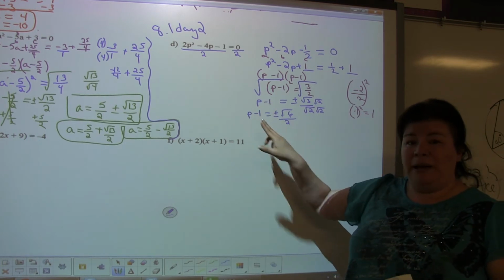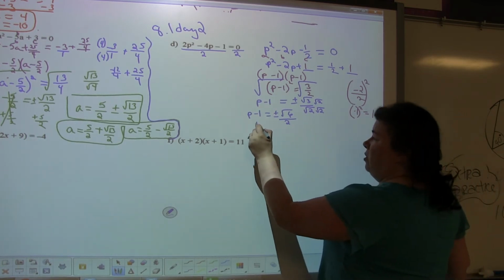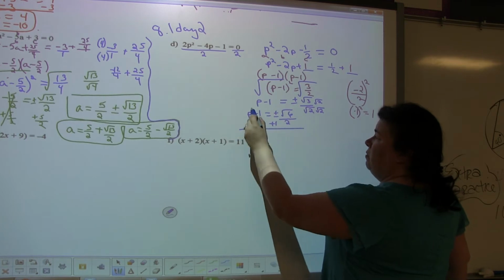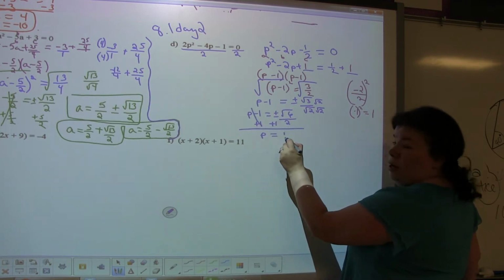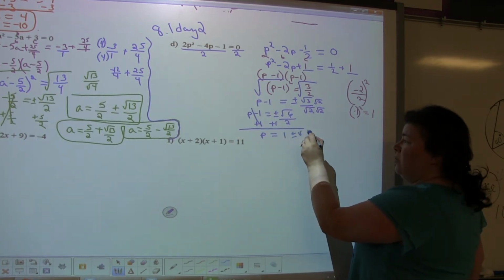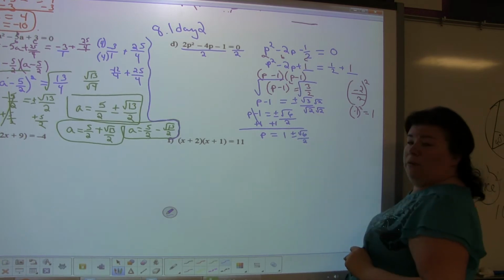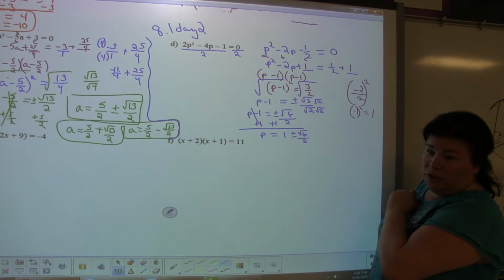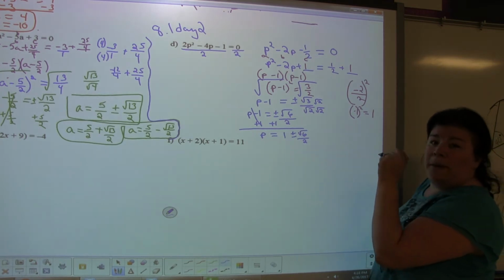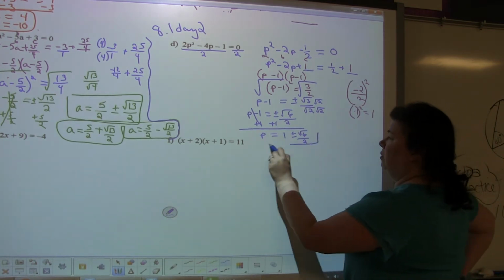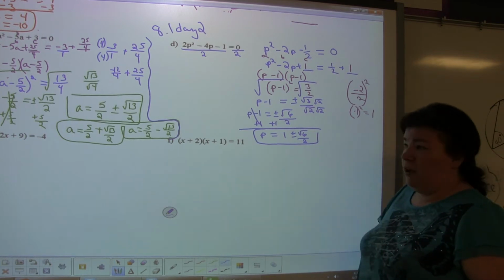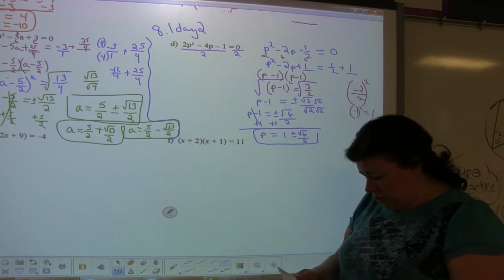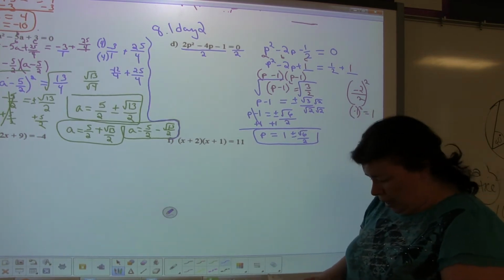Now I'm going to get p by itself and isolate that by adding 1 to both sides. And when I do that, I'm going to get p equals 1 plus and minus root 6 over 2. Okay. Now again, I could write those separately as p equals 1 plus the square root of 6 over 2, and p equals 1 minus the square root of 6 over 2. But I'm going to leave it like that so we can move on. And that's the answer to problem 2D.